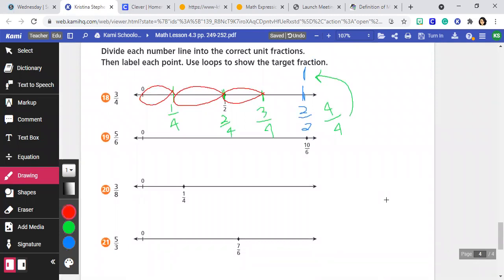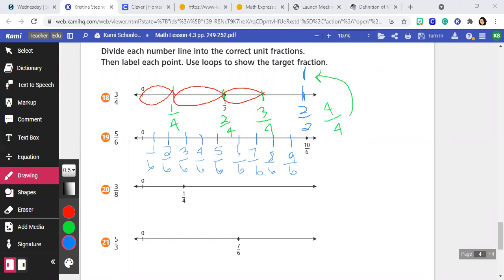Number 19, between 0 and we've got 10 over 6. Well, I'm happy to see that my denominator is a 6 right here. And so I'm going to work backwards again, just like we did before. So you can see that I have made equal segments, and I started at 10 and I counted back to 0 because I know that I wanted segments that represent sixths, but I didn't know where 1 was.